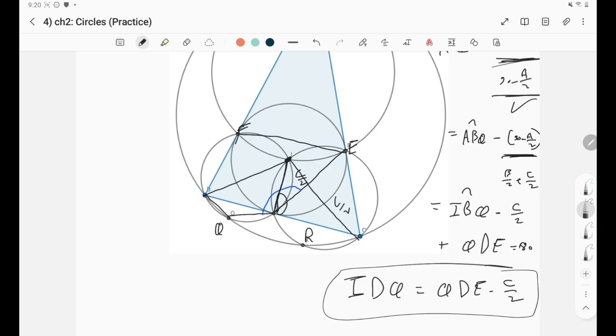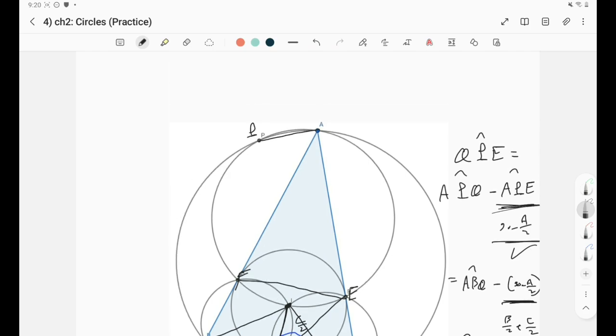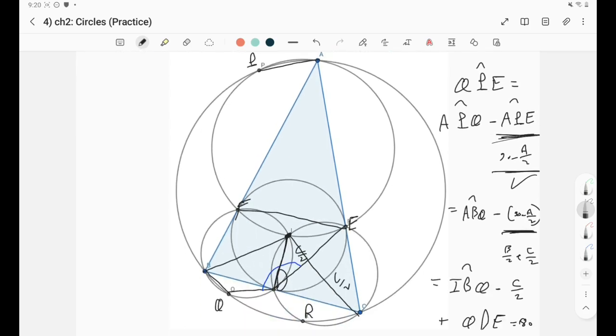So yeah, that works. And hence, we've just shown that our quadrilateral is cyclic, and similarly, we can show the other two are cyclic, and hence, because the three radical axes all meet at a point, we're done basically.